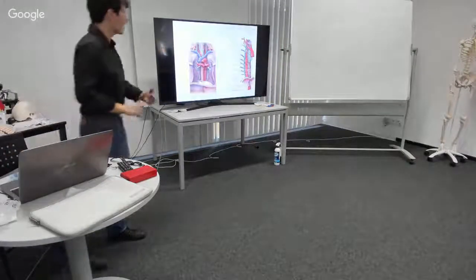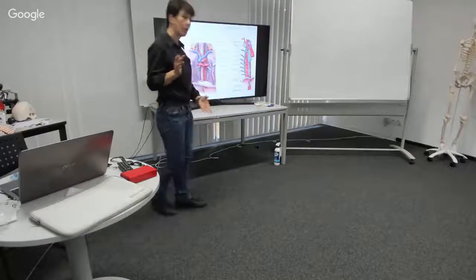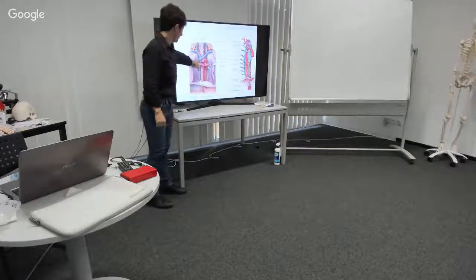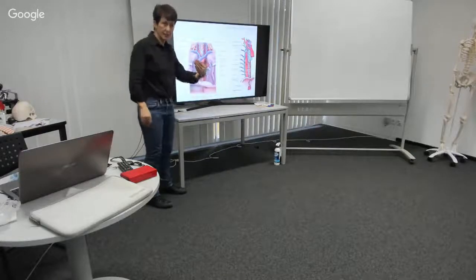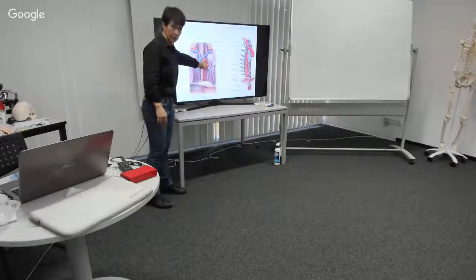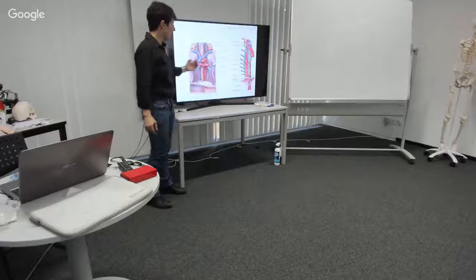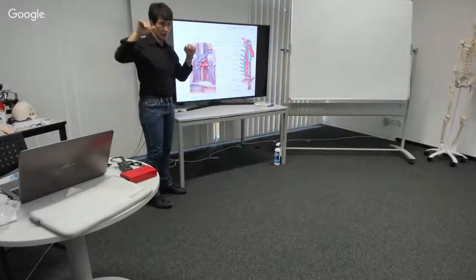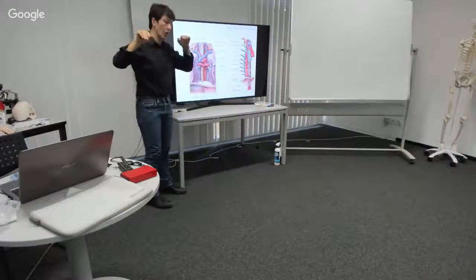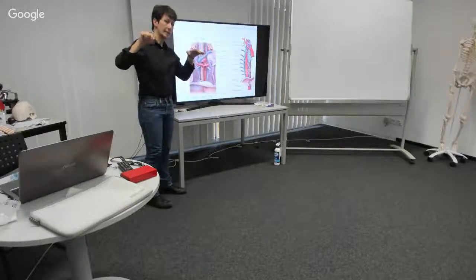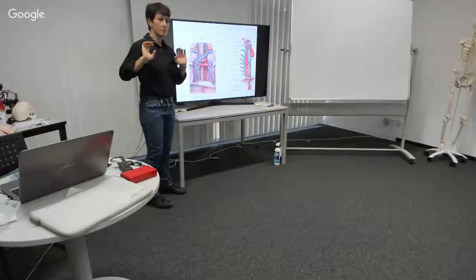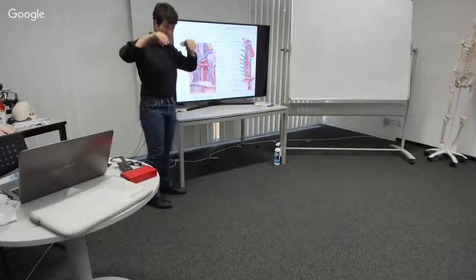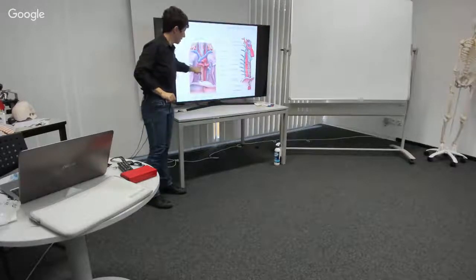Okay, so while on the right side we have the azygos vein that is going to reach the superior vena cava, on the left side, again, we have the arch of the aorta. And this is because the two vessels, the azygos on the right side and the aorta on the left side, are passing over the two bronchi.